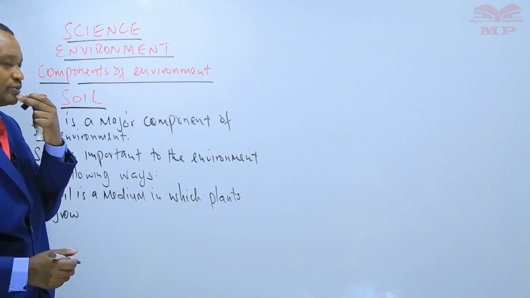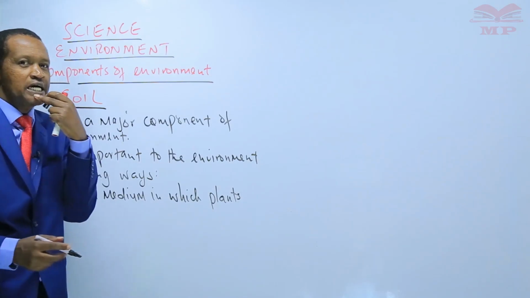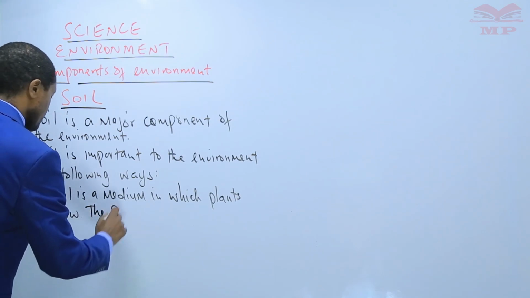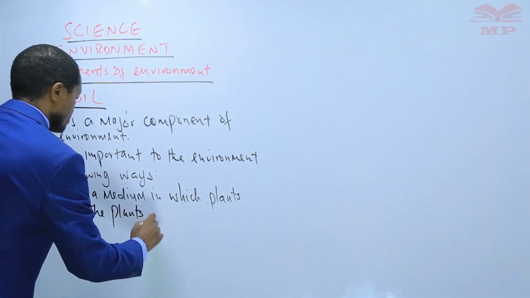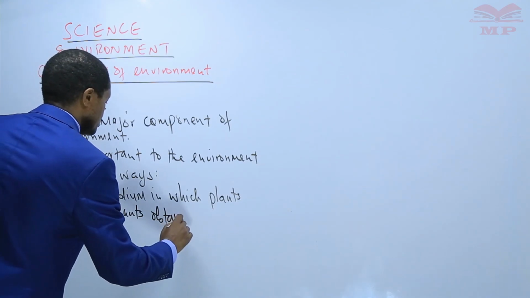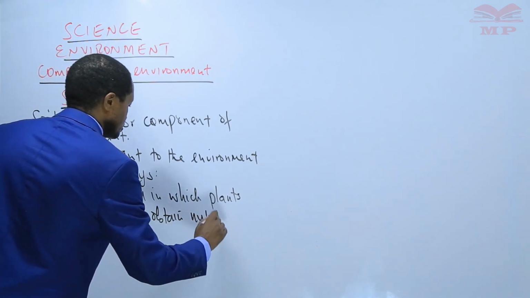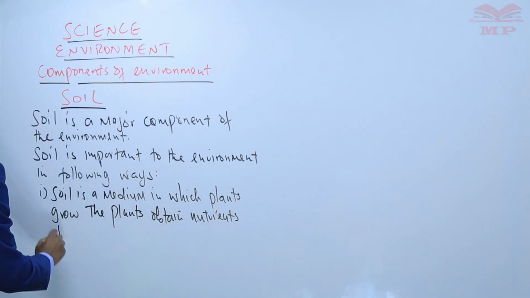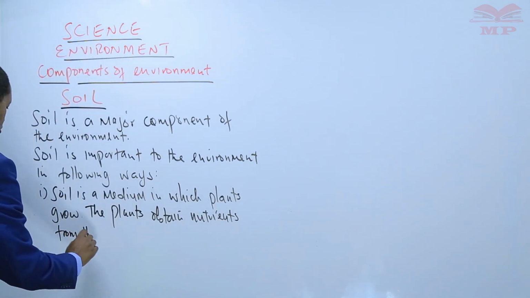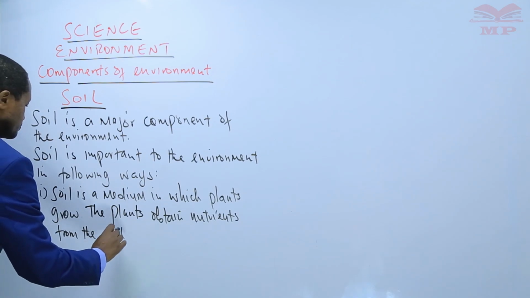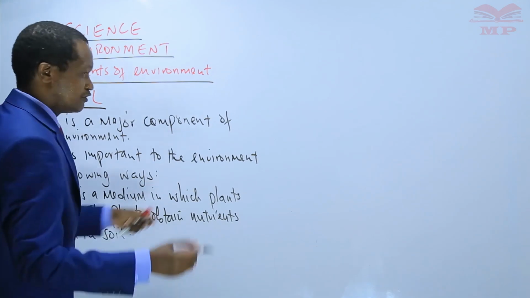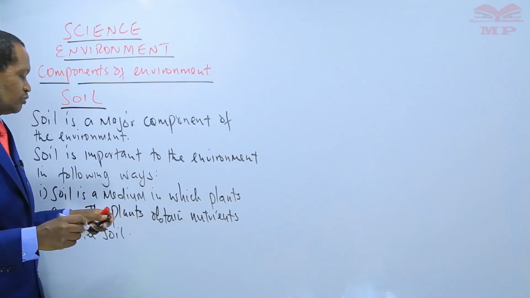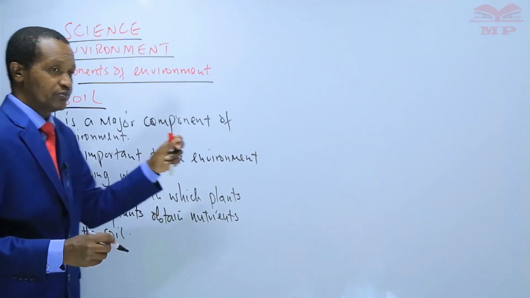Okay, so the plants obtain nutrients from the soil. They obtain their food from the soil.